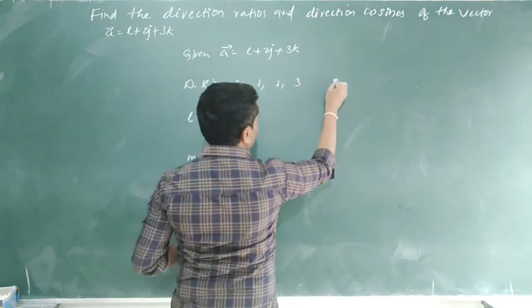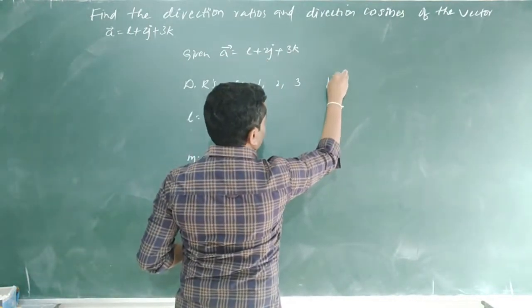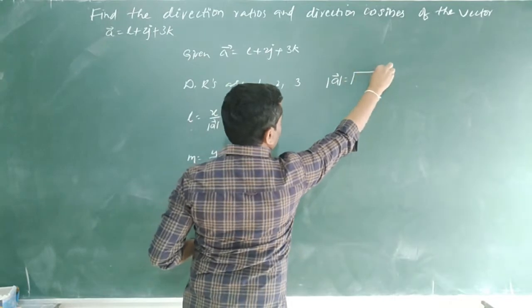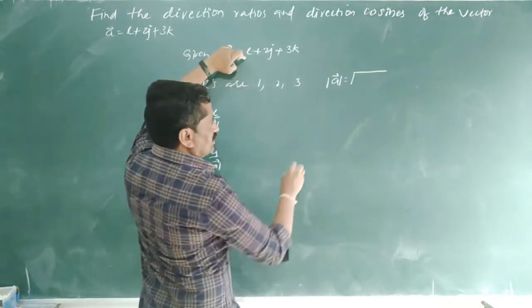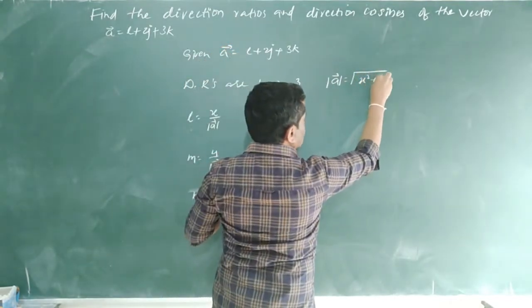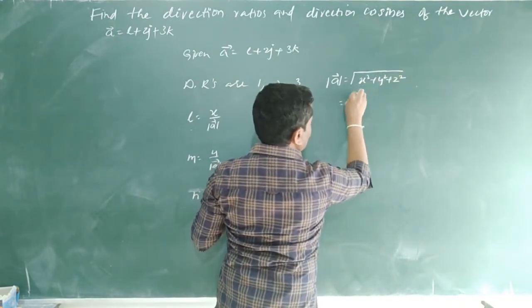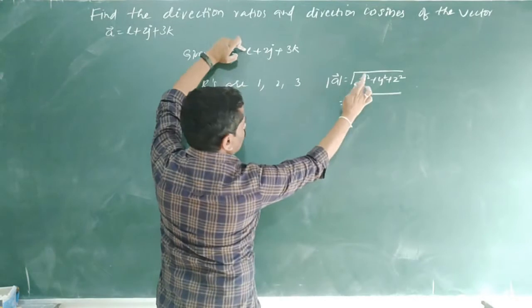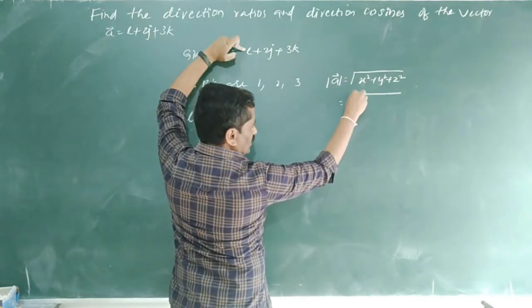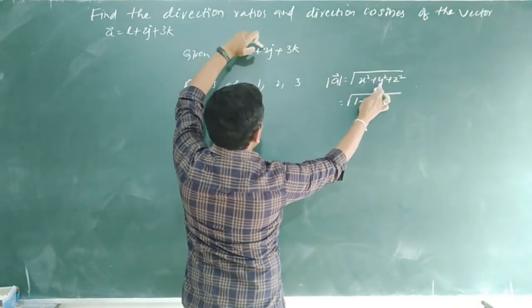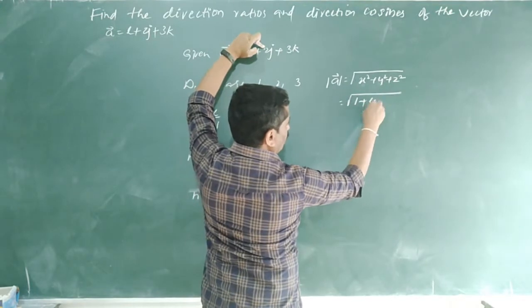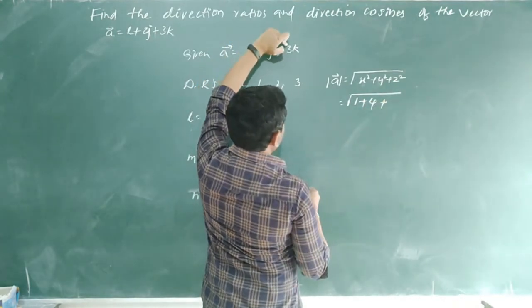Therefore the magnitude of A bar is the square root of x square plus y square plus z square. What is the value of x here? 1 whole square, 1, plus y value 2 square, 4, plus z value 3 square, 9.